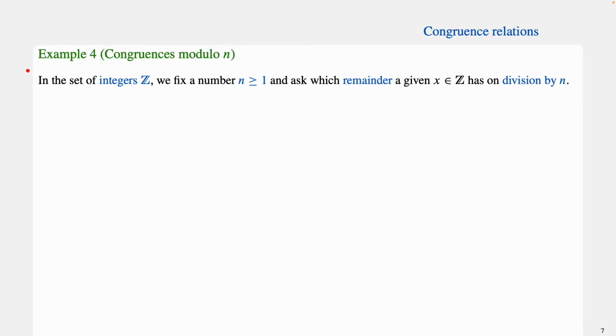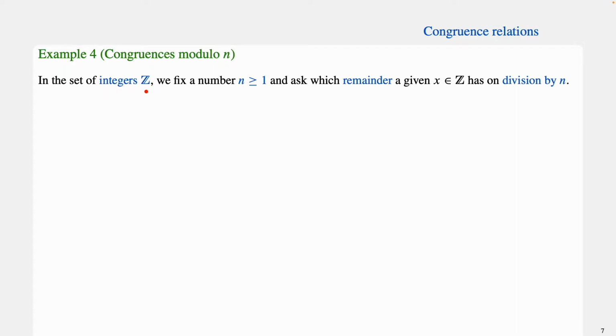Now this example may be a bit unexpected when you see it for the first time, but it is one of the most fundamental equivalence relations of all. This is the so-called congruence relation modulo some integer n.